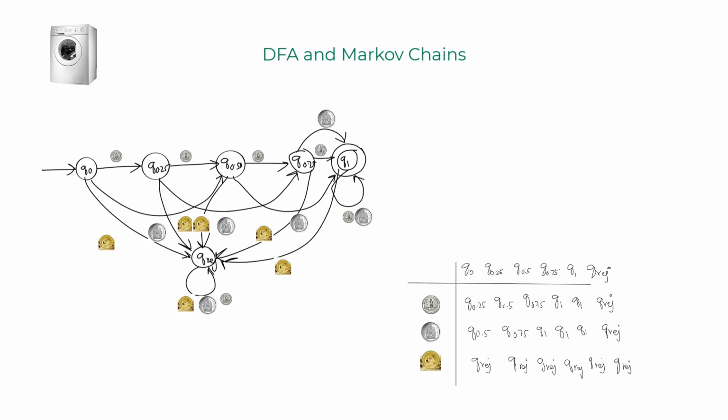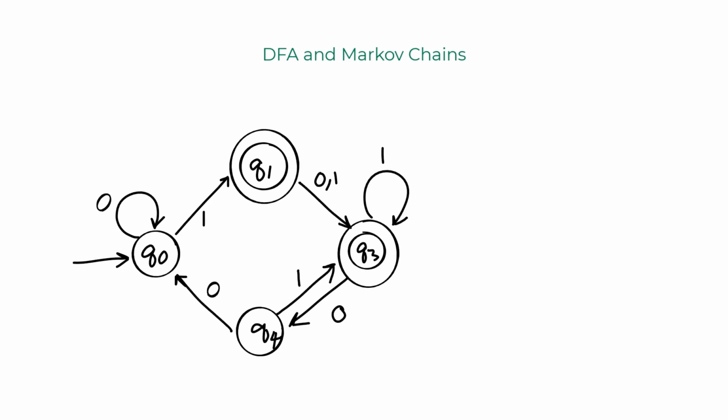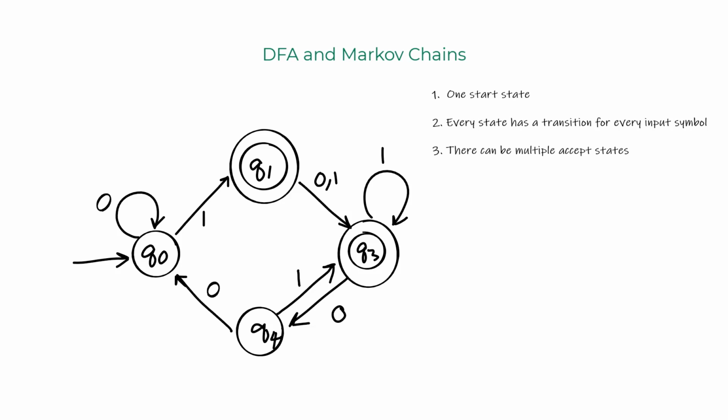Here are a few observations from the state diagram. First, there is only one start state. Second, every state has transitions or arrows for all the input symbols. Alright, let us see a more abstract DFA example that operates on binary strings. Let us do a quick check if this is a valid DFA. The first thing to check is whether this DFA has a start state. There is, and there is only one, and that is important.